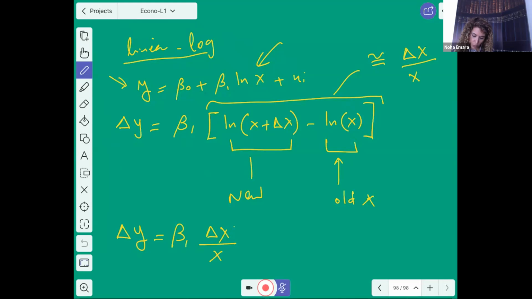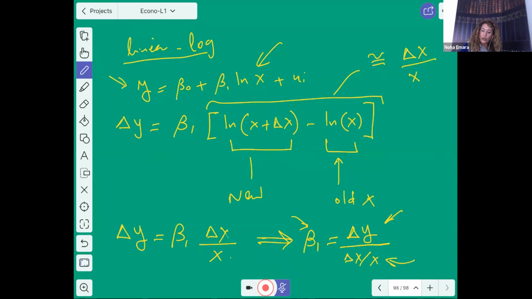So this could be like 1 over 100, which is 0.01. That means beta 1 is equal to the change in y because of the percentage change in x. So y here reflects the unit change in y because of the percentage change in x, all right?